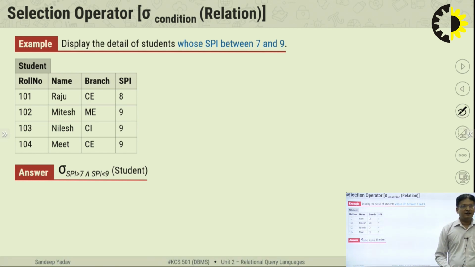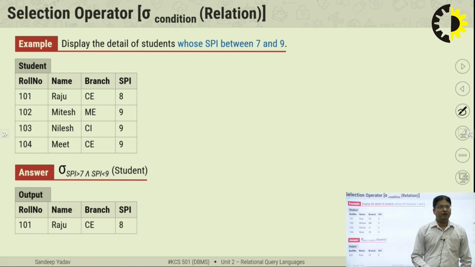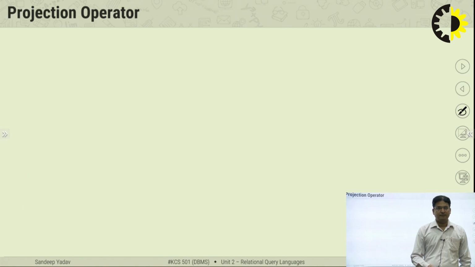The condition is SPI greater than 7 and SPI less than 9, which means it lies between 7 and 9. Now, this query will fetch the following answer. Only one of the rows or tuples, 101 corresponding to Raju and civil branch, having SPI 8. Rest all are having SPI 9, so they cannot be included in the result, and nothing has SPI 7 or less than 7.